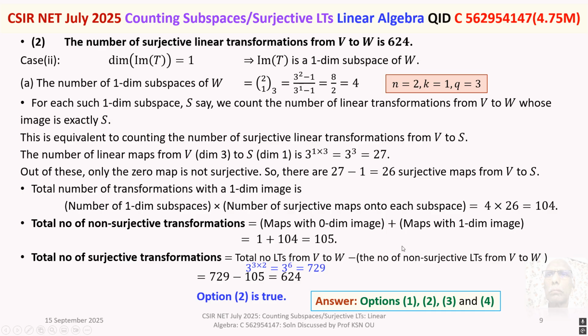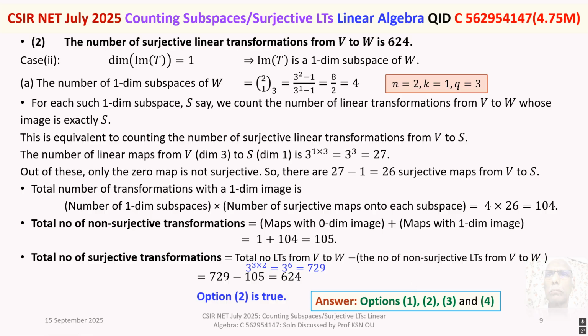For some of our students, especially the students in the South, these formulae, that is the Gaussian binomial coefficient, etc., and this counting of the number of linear transformations and so on are not familiar.